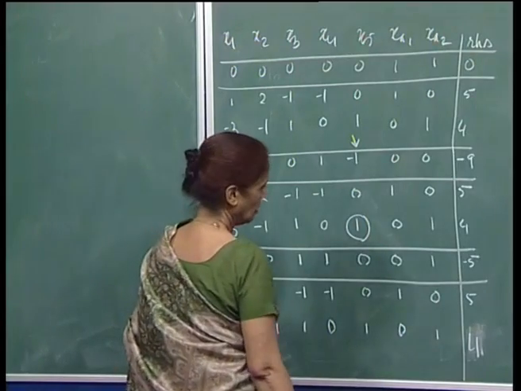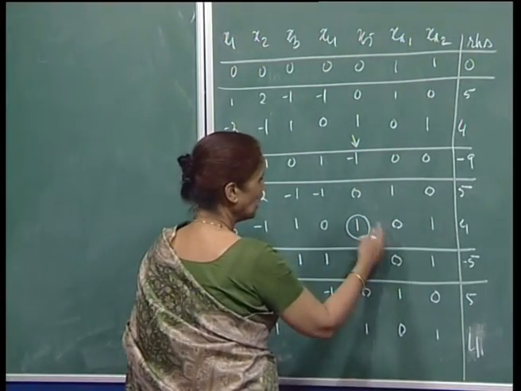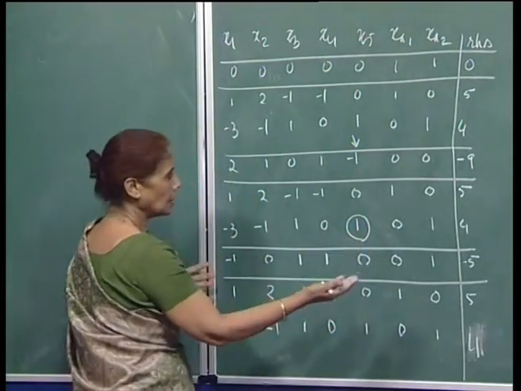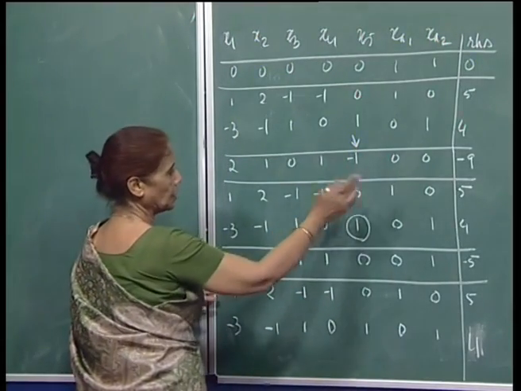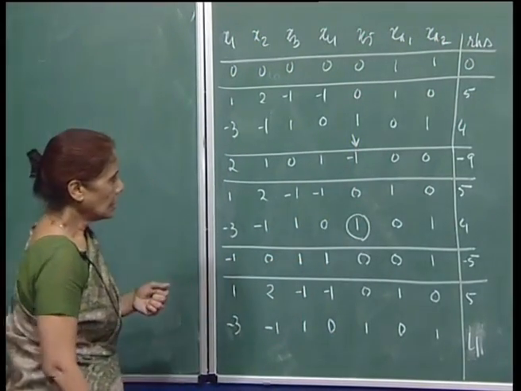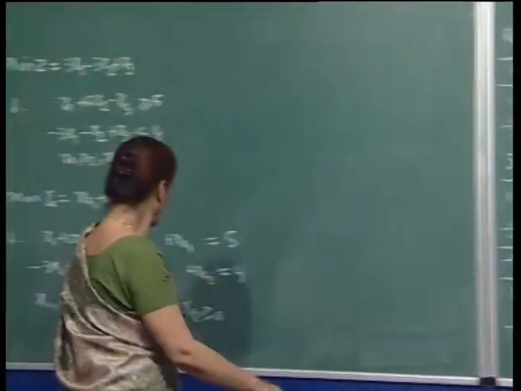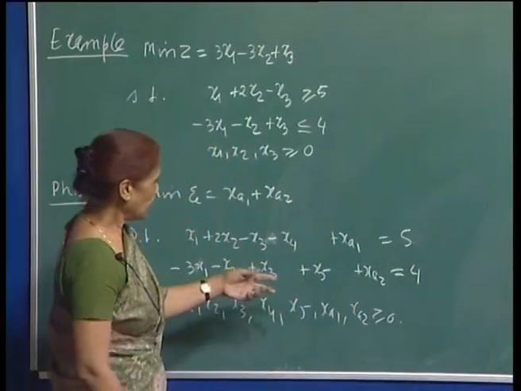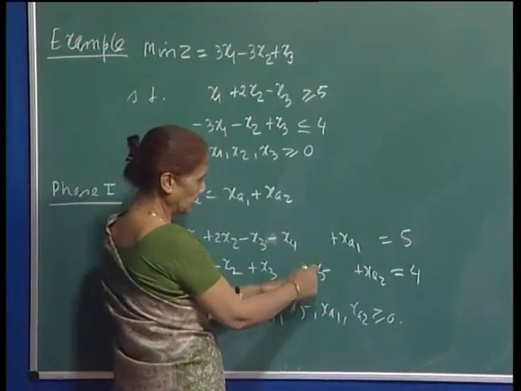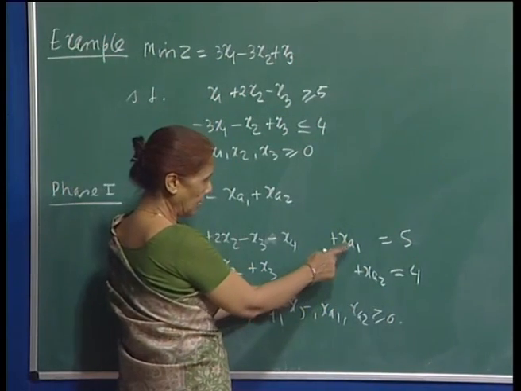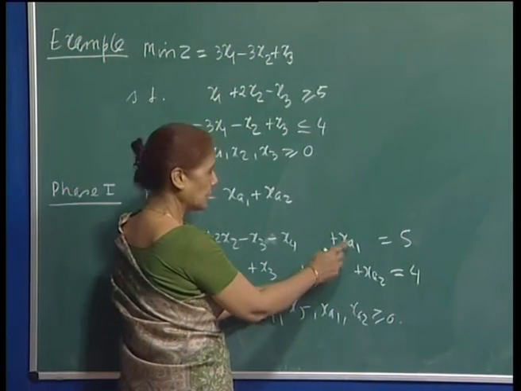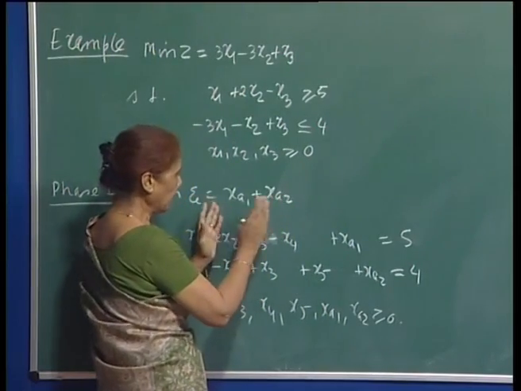Because this is already 0, 1, I don't need to do anything here. Which reminds me that yes, we could have used the fact that this is a unit vector. So I should have added only artificial variables where needed, but anyway, I wanted to show you the phase 1 method.